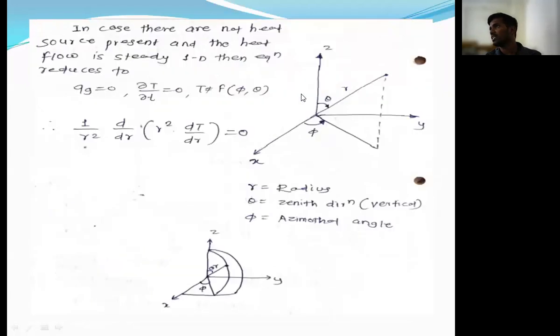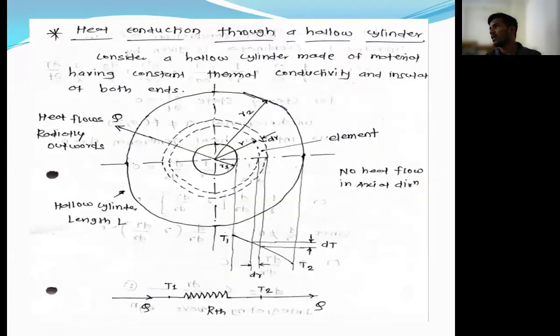By using these two equations we have to find out the rate of heat flow for the cylinder and for the sphere. First of all we have to discuss the heat conduction through a hollow cylinder.